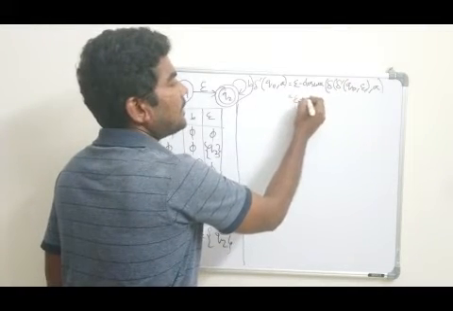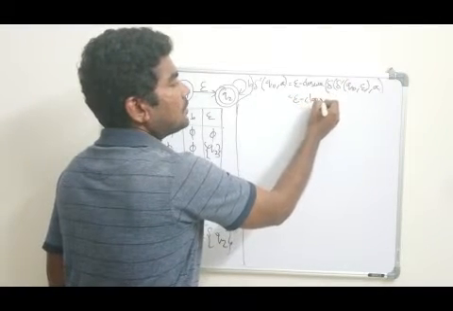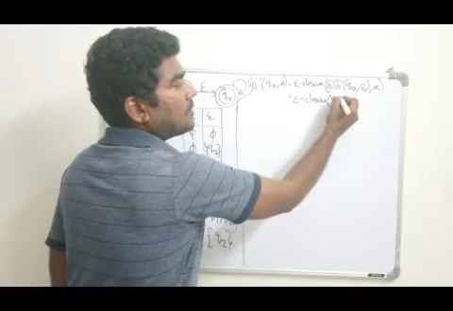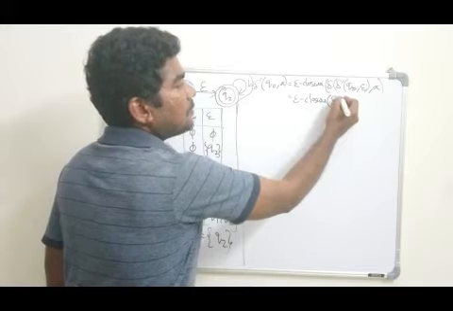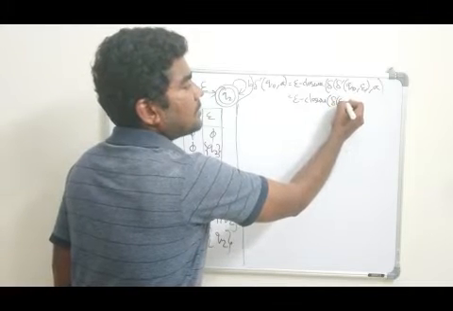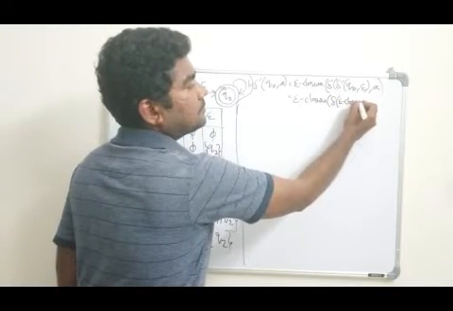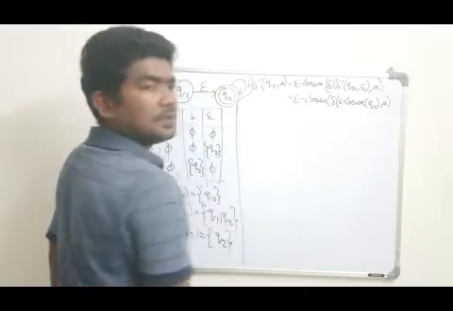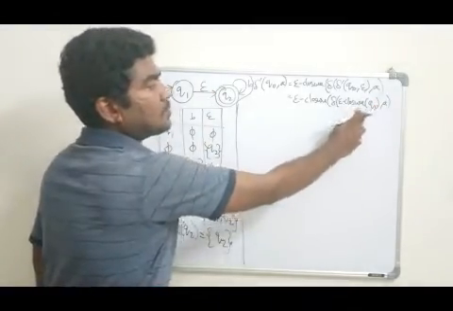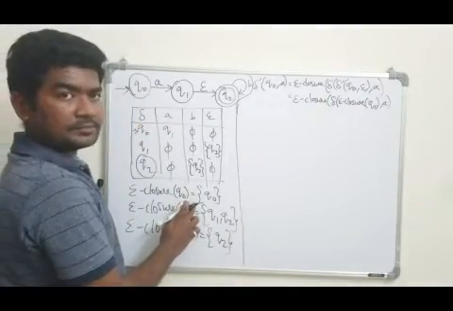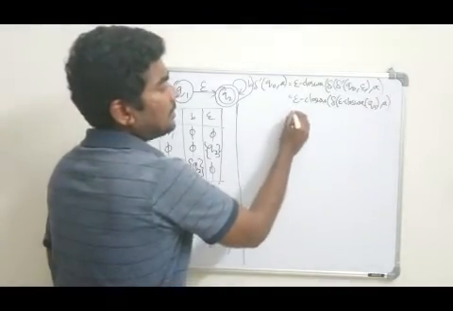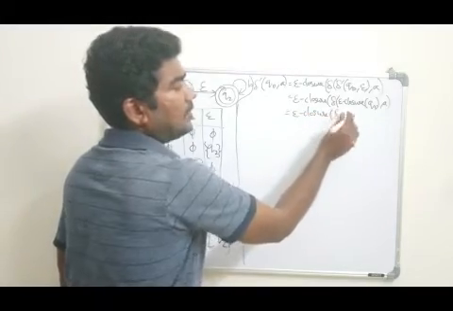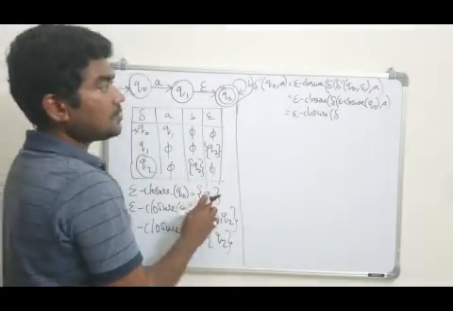Now this delta dash of q naught comma epsilon is again epsilon closure of that same state q naught. So it will become epsilon closure of q naught, then comma A. Now we know the epsilon closure of q naught, we have found it here. It is q naught again.